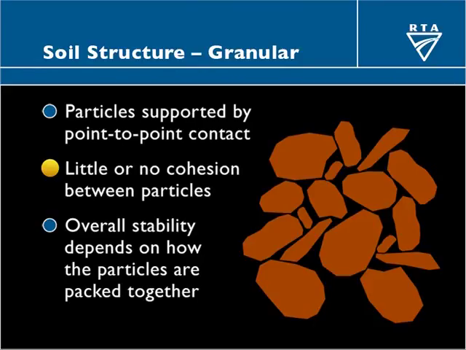You'll see this, say, in a dry sand. Everyone's seen that on a beach. The particles just do not stick together at all. They'll run through your fingers individually. It's also why things like hourglasses work with sand in them. And the overall stability of a material like that depends on how the particles are packed together. So it covers both the range of sizes and their shapes, and how big the spaces are in between them.